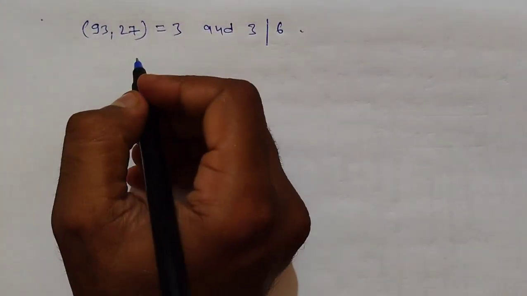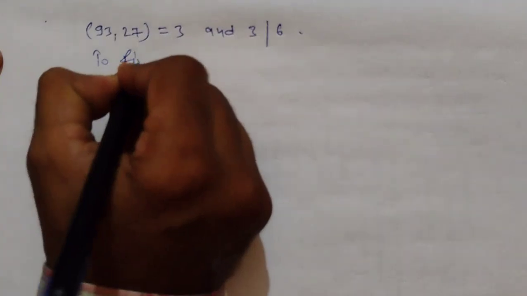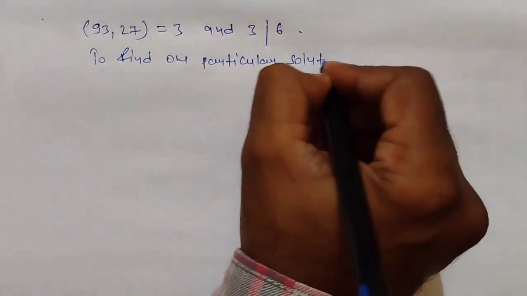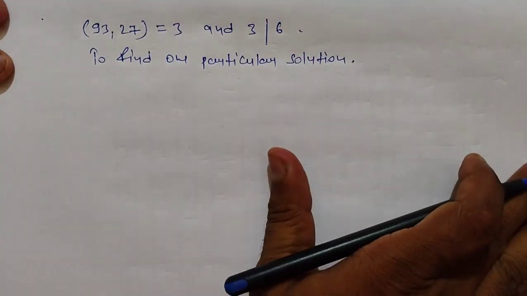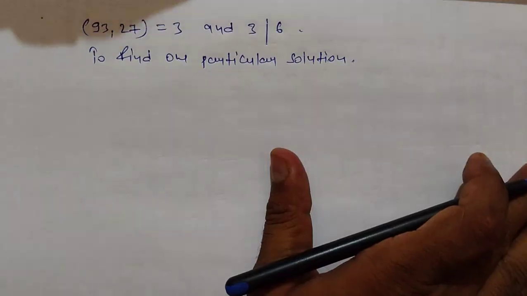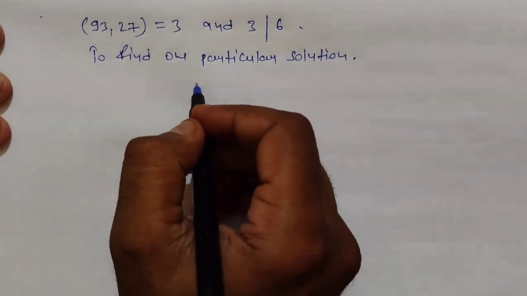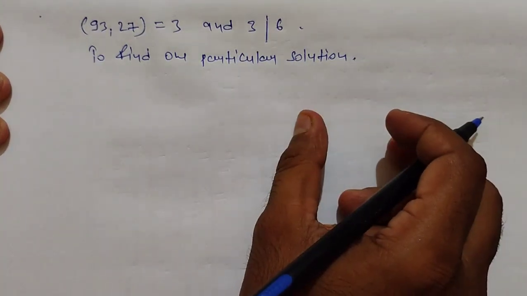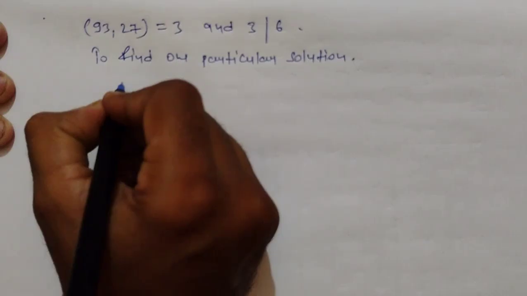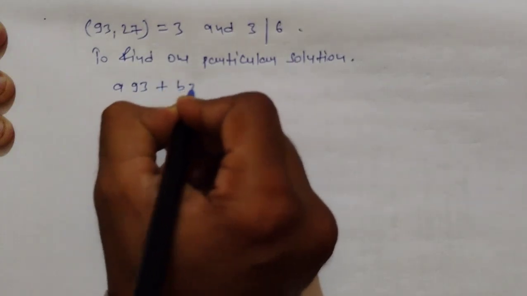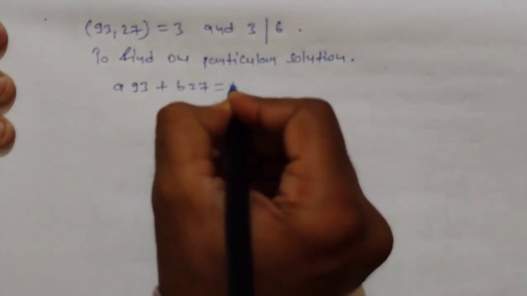So to find one particular solution, we have to apply the Euclidean algorithm to find A and B such that A times 93 plus B times 27 is equal to 3.